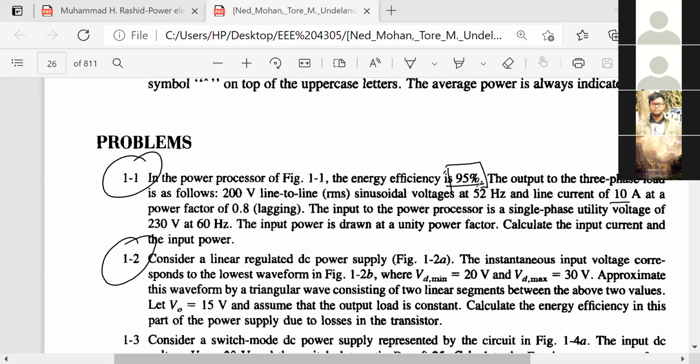When I set any one of these questions in the exam, of course, I will change this data. So you practice and try to understand. If you don't understand, inshallah, you come back, or I will try to make you understand in the extra classes, the problem solving classes.